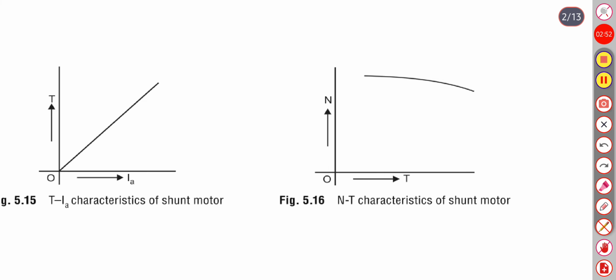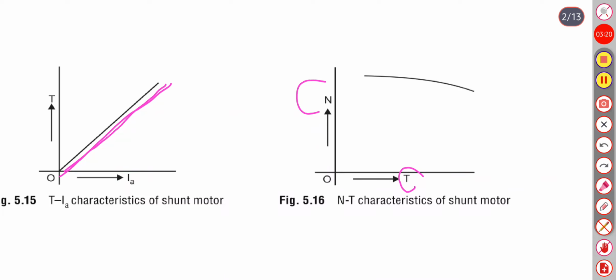There are two graphs showing the characteristics of the shunt motor. This is the torque versus armature current. It is linear, which means the torque depends on the armature current. And here is speed versus torque.